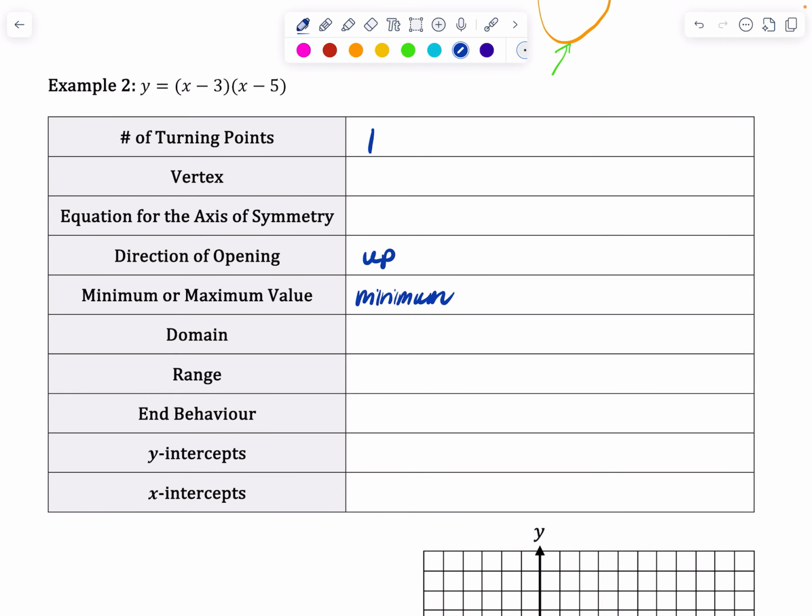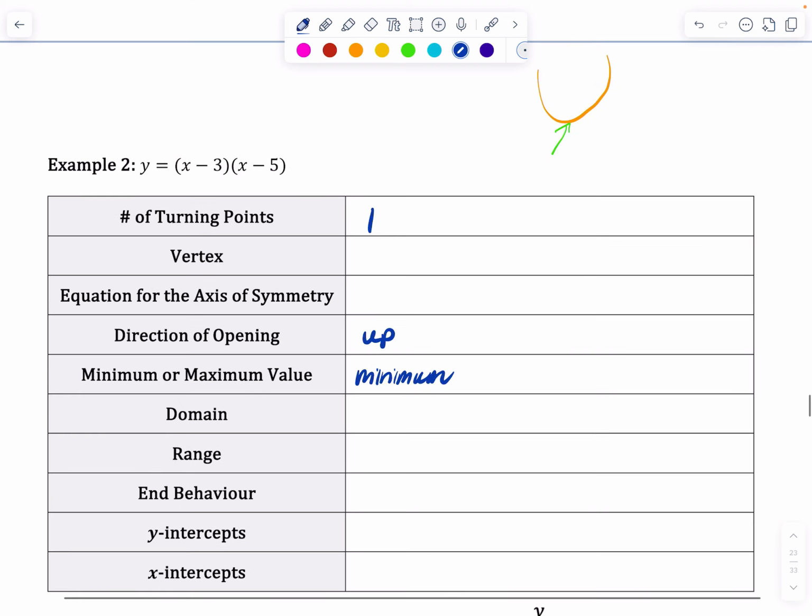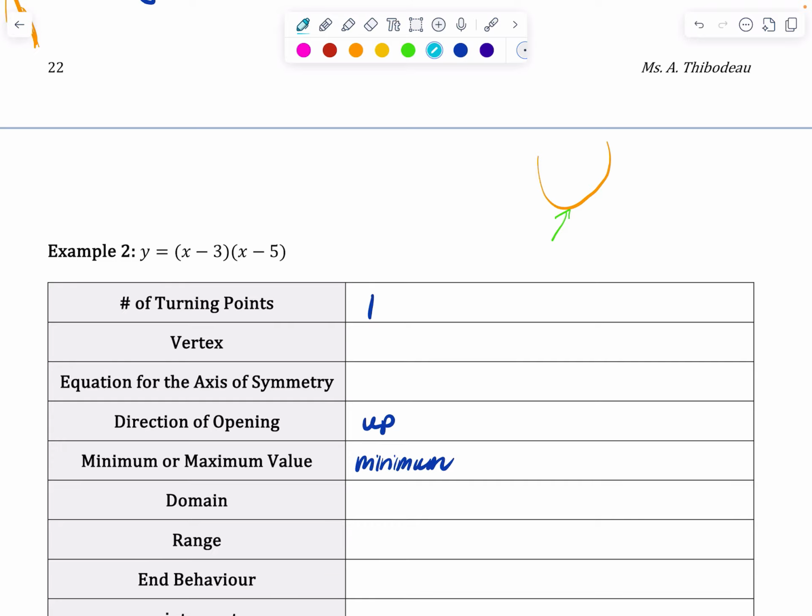For the x-intercepts, we might be able to shortcut it. Again, in our heads, we're thinking that 0 is equal to x minus 3 times x minus 5. And that gets us two possibilities: x minus 3 is 0 or x minus 5 is 0.